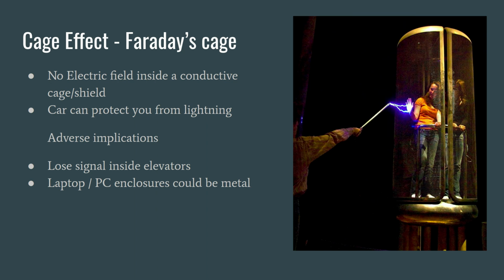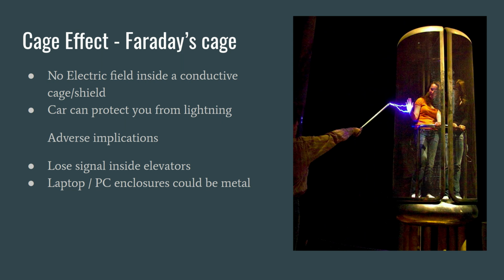Coming to the cage effect, or Faraday's cage effect, it says that there is no electric field inside a conductive cage or shield. So in reality, it can protect you from lightning or high voltages, electric fields outside. But on the adverse side, you may lose signals inside a cage, like elevators.